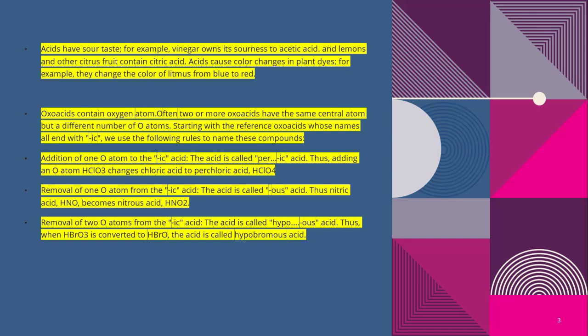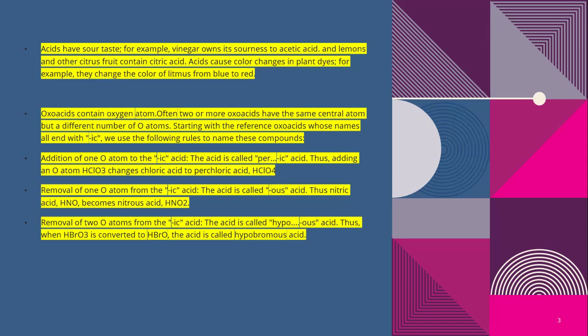Oxoacids contain oxygen atoms. Often two or more oxoacids have the same central atom but a different number of oxygen atoms. Starting with the reference oxoacid, whose name ends with -ic, we use the following rules to name those compounds.